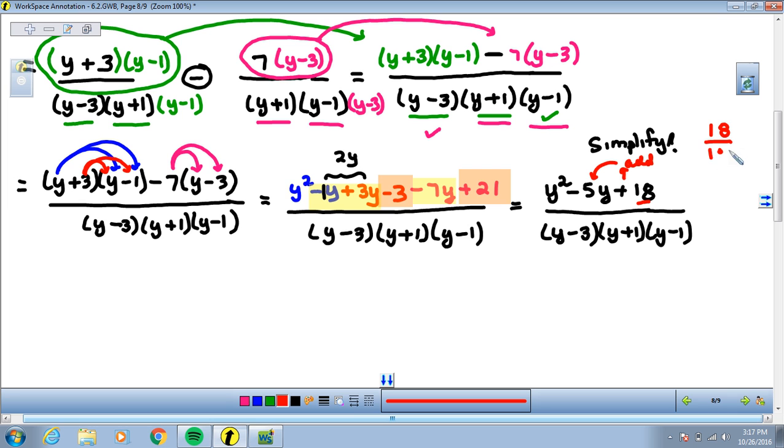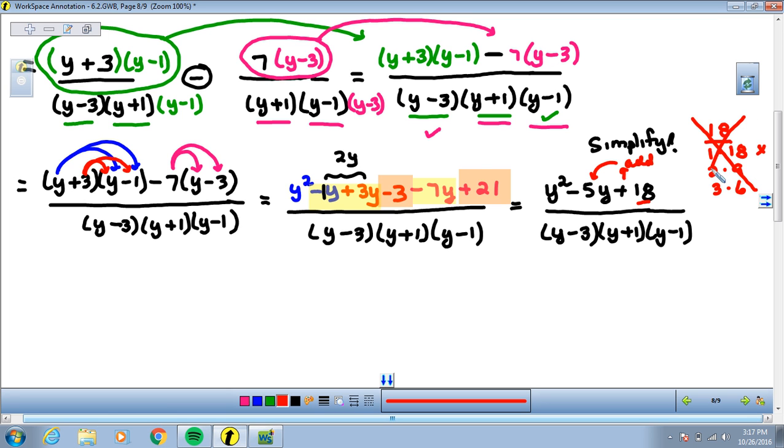For example, 1 times 18, those are factors of 18, but do they add to 5? No. 2 times 9, factors of 18, right? But 9 plus 2, do they give me 5? No. 3 times 6, those are factors of 18, but 6 plus 3, does that give me 5? No. And are there any other factors of 18?